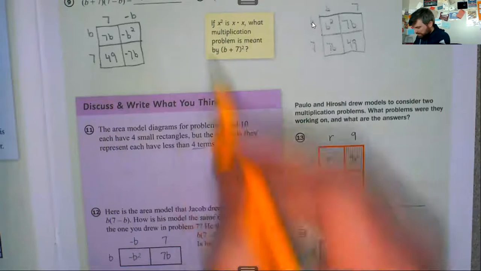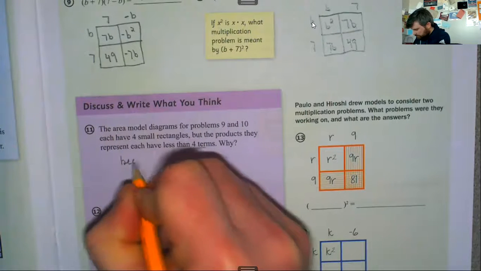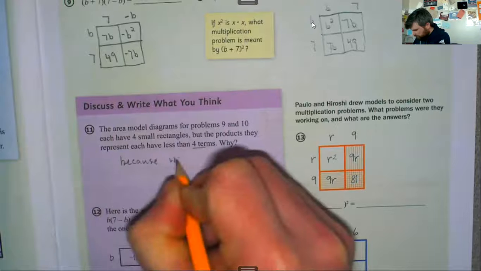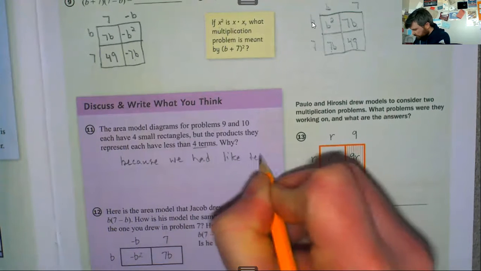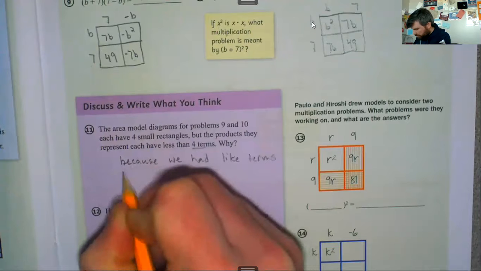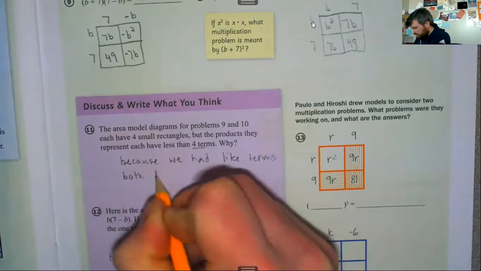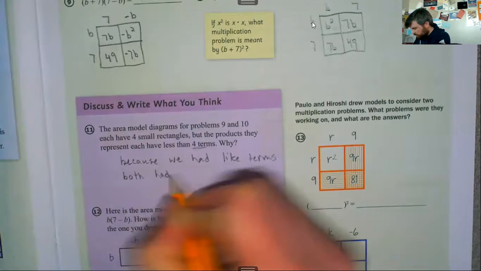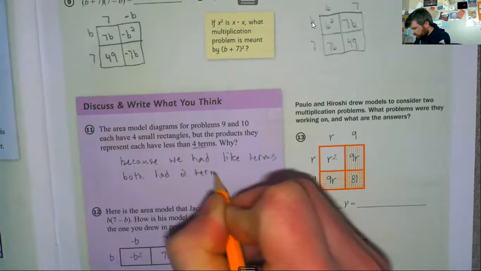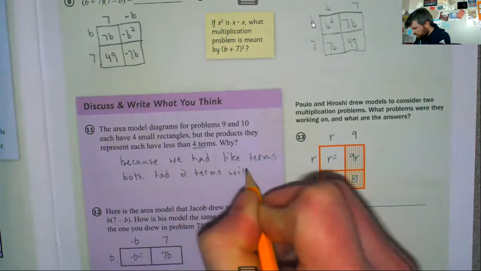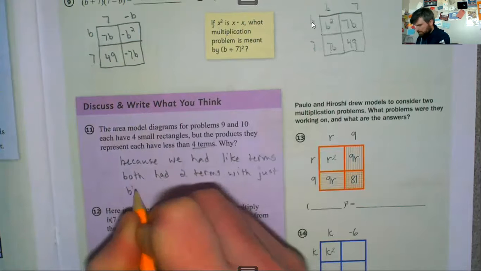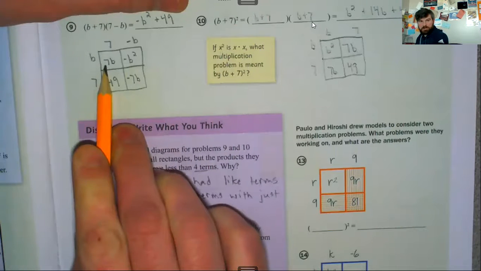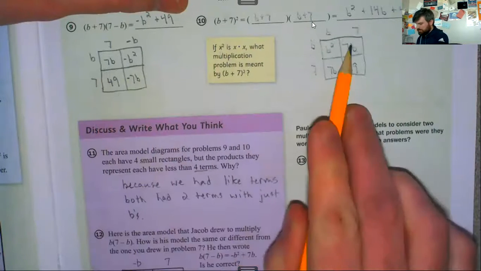Well, that's because we had like terms. Both had 2 terms with just b's. Here we had 7b and negative 7b. Here we had 7b and 7b. So those are like terms.